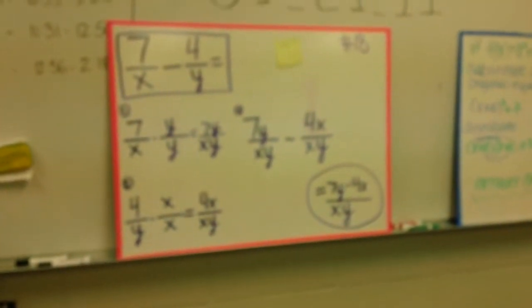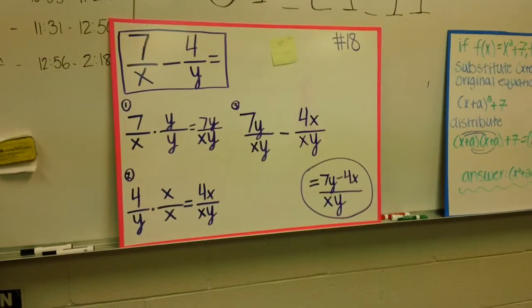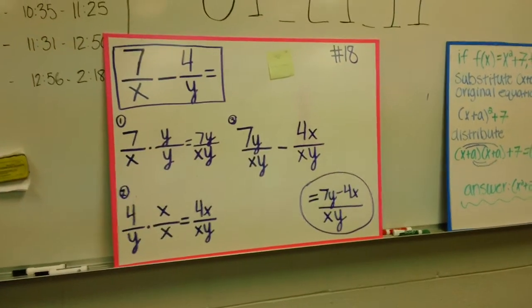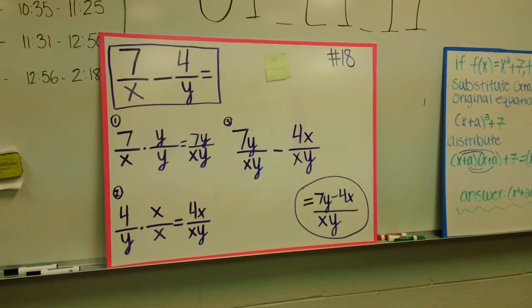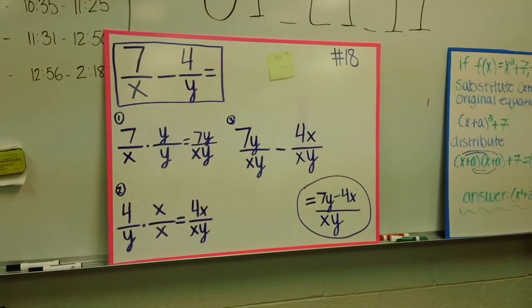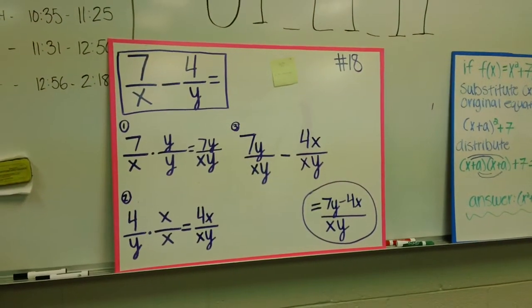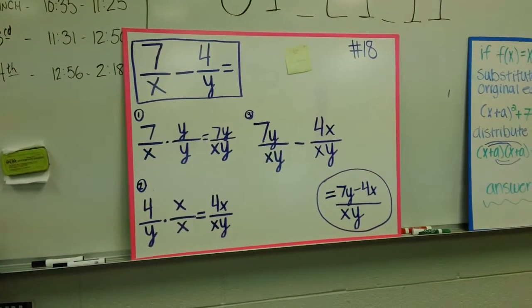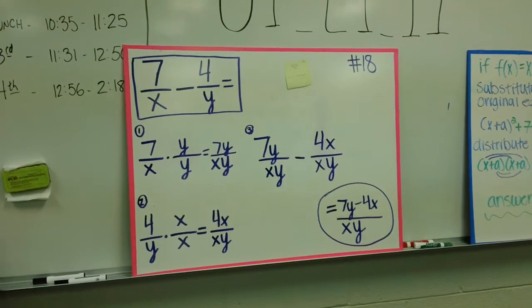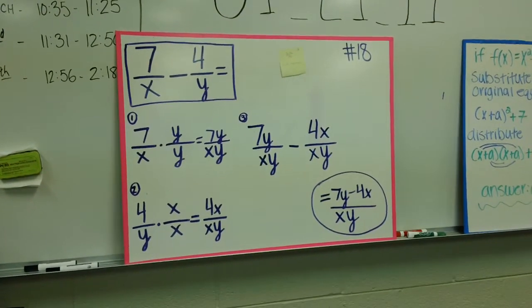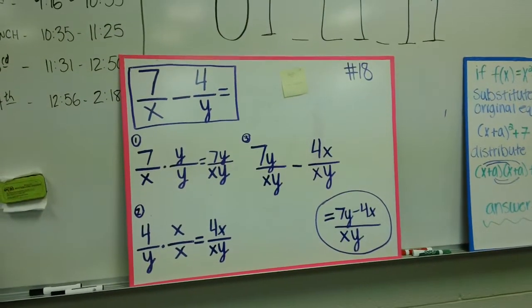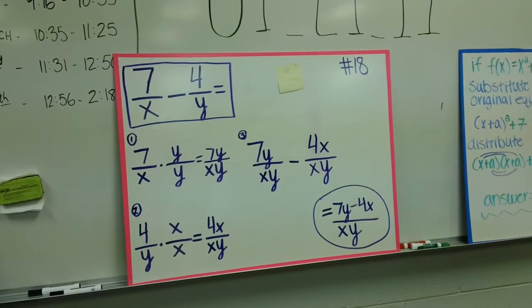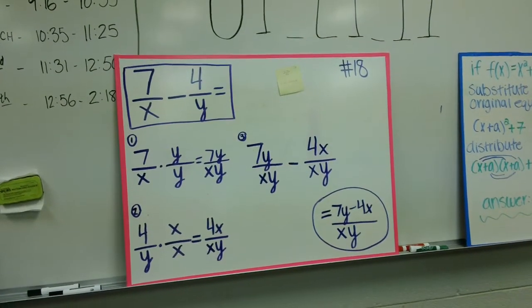So the problem is 7 over x minus 4 over y, and you want to get the same denominator so that you can subtract them. So you multiply 7 over x times y over y, and you get 7y over x times y. You find what you can multiply times y to equal xy.